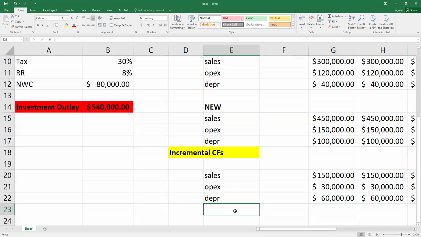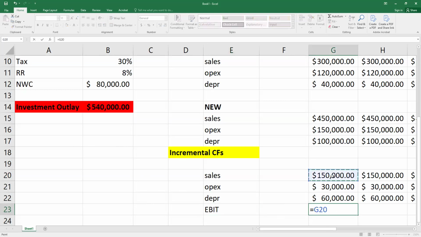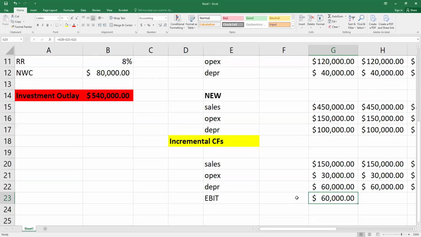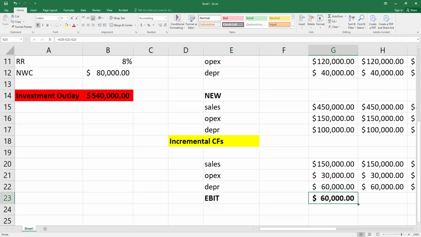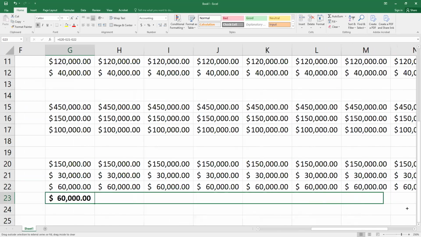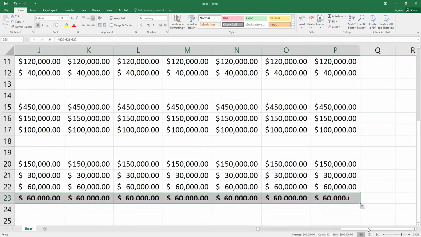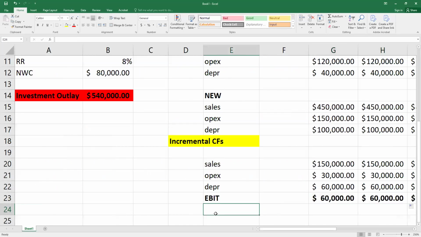Okay. And now we can calculate EBIT. This minus this minus this. So sales minus OPEX minus depreciation will give you EBIT. And interest, we don't have it.